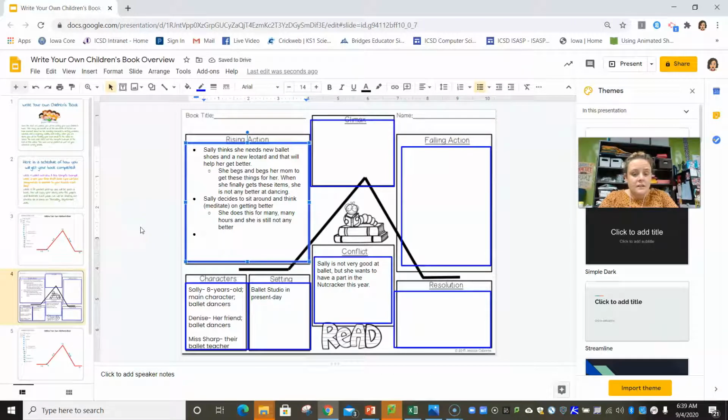Okay, let's see here. What else could she do to solve her problem? Oh, maybe Sally makes a really sad choice and starts trying to make the other girls look bad. Sally tries to make the other dancers look bad to their teacher, Miss Sharp, so she will get a part and they won't.